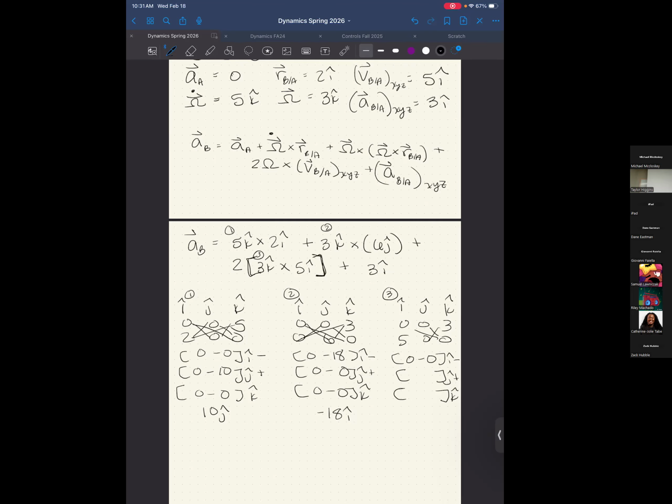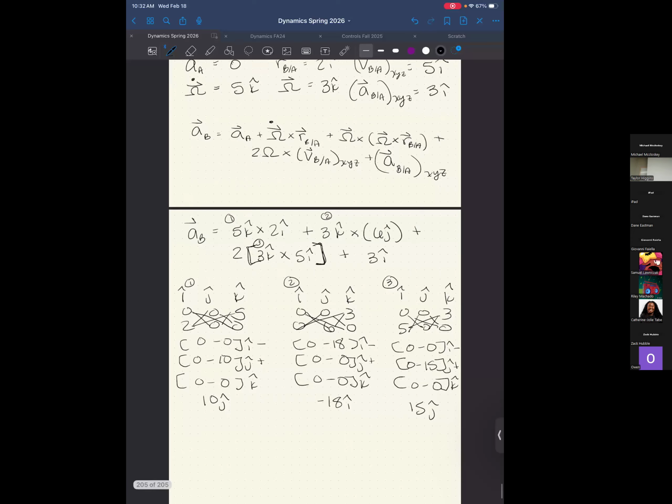I was gonna do it later. Zane, can you do it the other way? Can you do the 6 cross 5? Yeah, I did it. I was just gonna wait to see if we got the same answer. Beautiful. I would like to double check that. Okay. 0 minus 15. 0 minus 0.